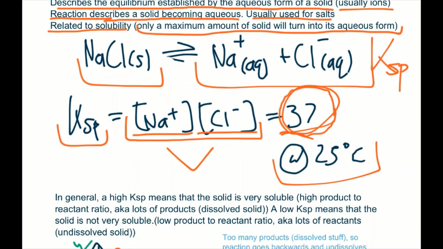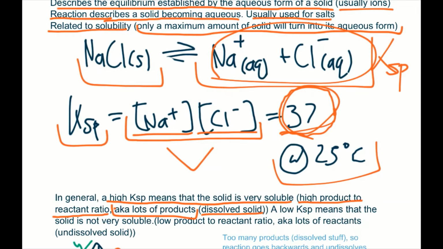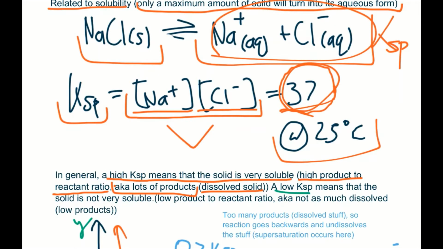So in general, a high Ksp means that the solid is very soluble because there's a high product to reactant ratio, aka lots of products or dissolved solids. So if we have lots of this stuff, that means that we can dissolve a lot. Now what about the opposite? What if we have a low Ksp? Well, a low Ksp means that the solid is not very soluble.